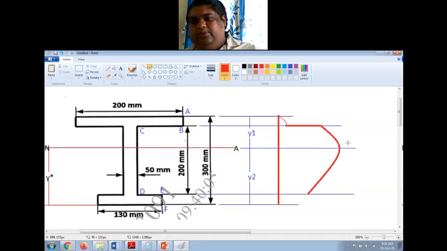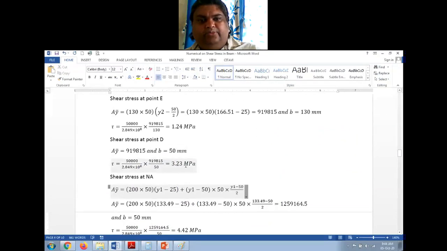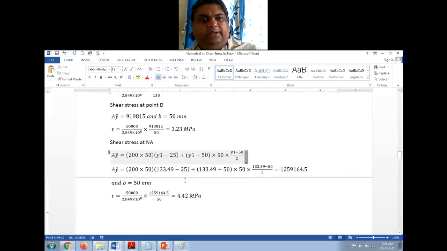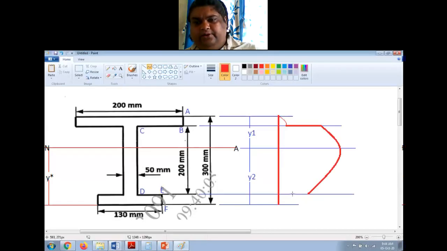So you will get a parabolic curve like this. Okay. And at D it is 3.23, and above that it is 1 point something. So it will be like this.